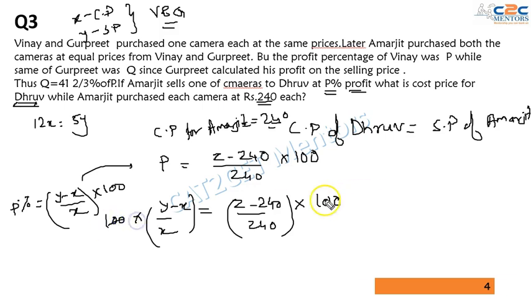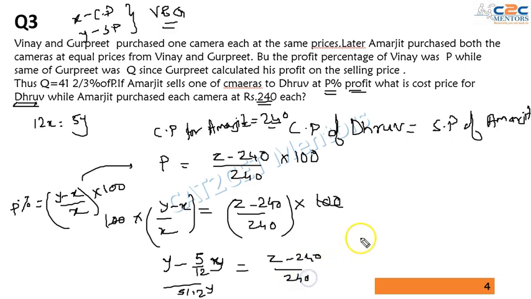This 100 gets cancelled with this 100, and substituting the value of 12X equal to 5Y in this equation, Y minus 5 by 12 Y upon 5 by 12 Y is equal to (Z minus 240) upon 240.